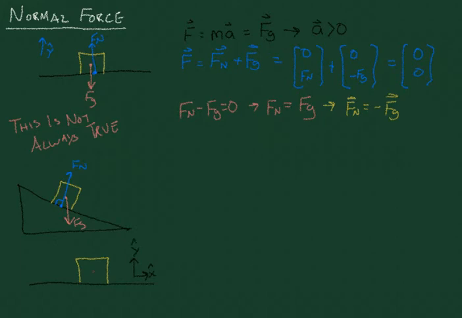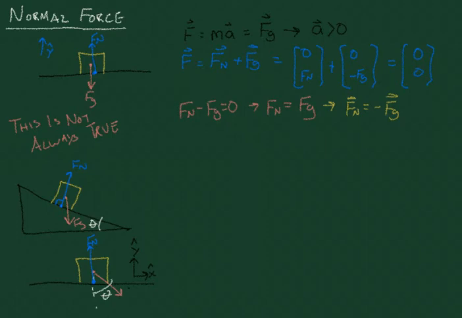And so now we see that gravity is actually going to be at an angle here, but we see that the normal force is going to be pointed directly upward. And if this is some angle theta, then the angle that gravity makes with the perpendicular here is also theta.